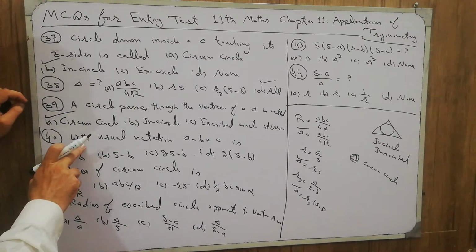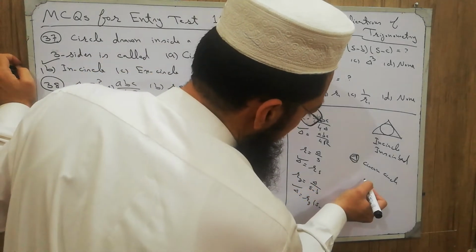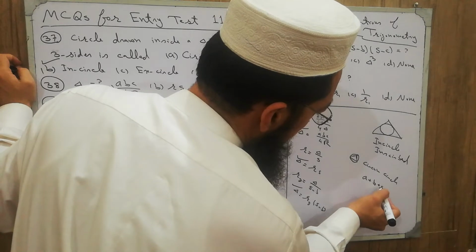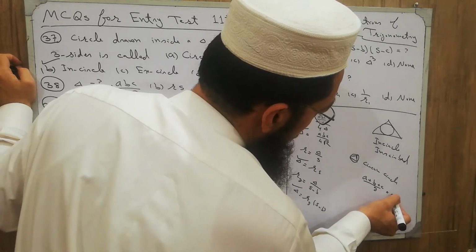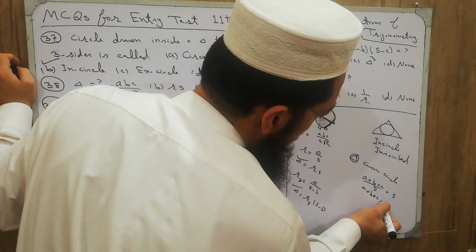Number 40: With usual notation, A minus B plus C is. We know that S is equal to A plus B plus C divided by 2, so A plus B plus C is equal to 2S.